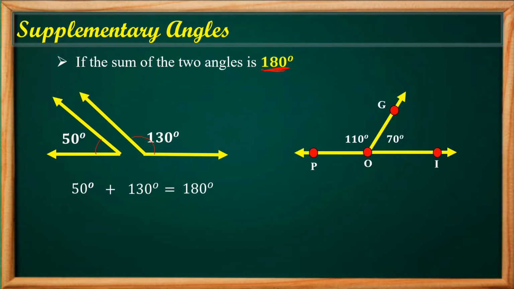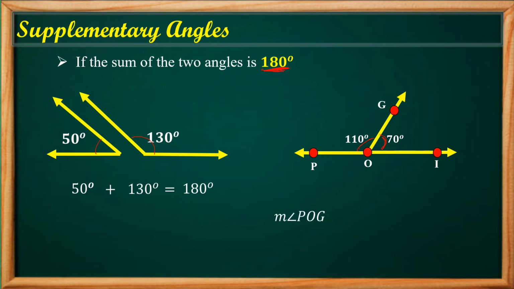Next, if we have this figure, angle POG measures 110 degrees, and angle GOI measures 70 degrees.